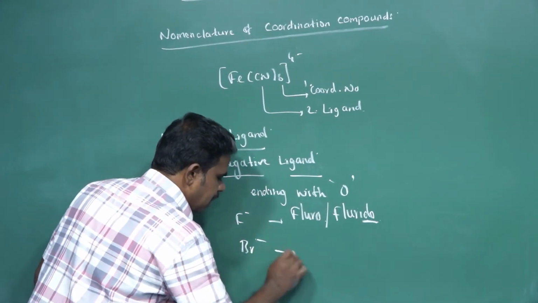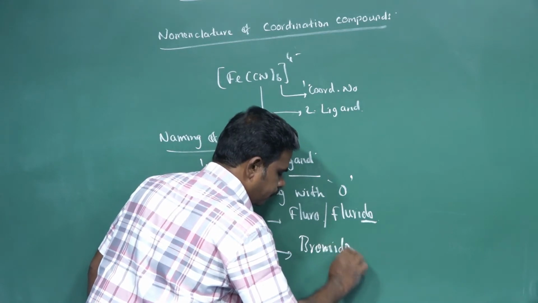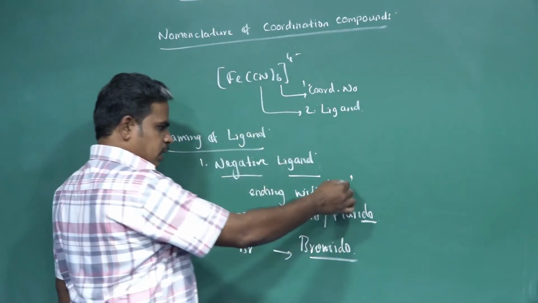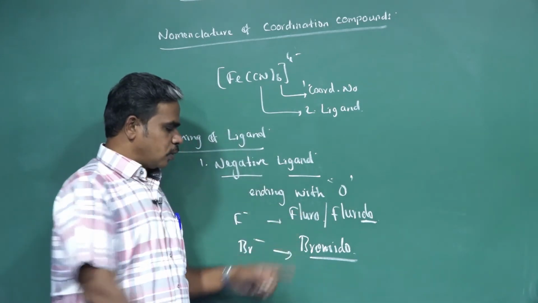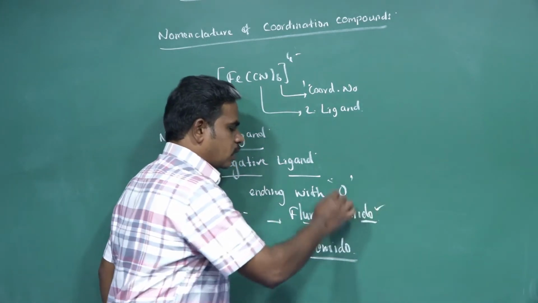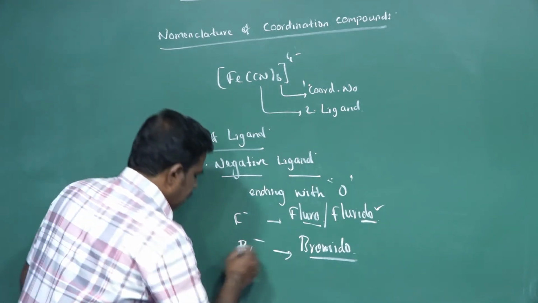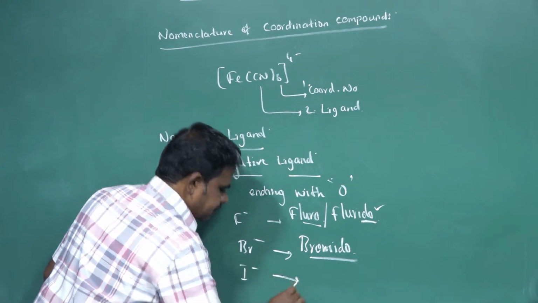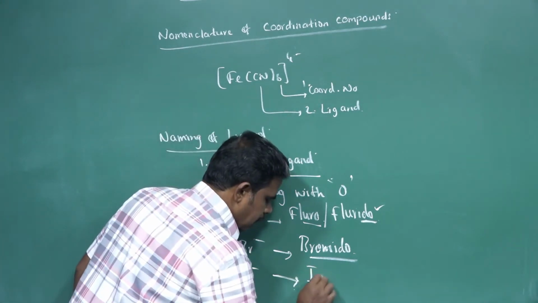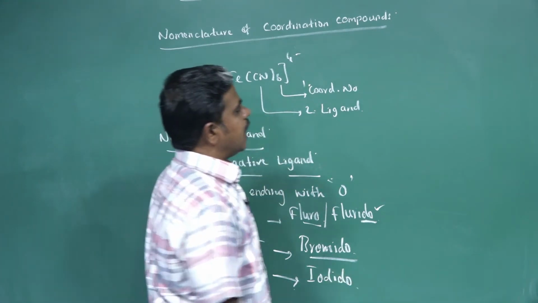So Br minus is known as bromido. In your book they are giving it as O, so it is not fluoro, it is fluorido. Actually it is IDO. Then F minus and I minus. I minus is iodido. So IDO will be added.